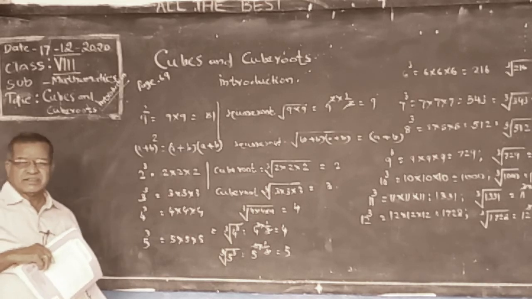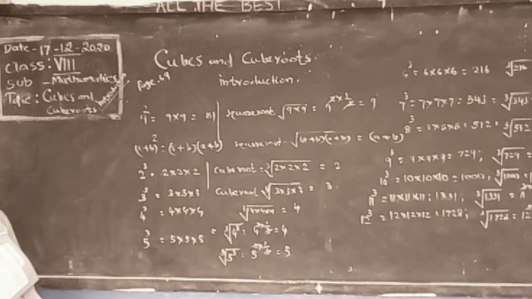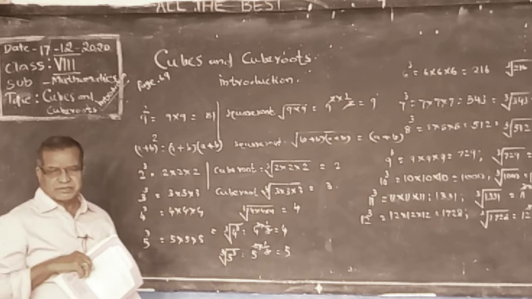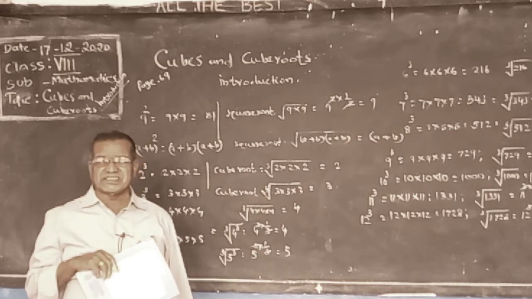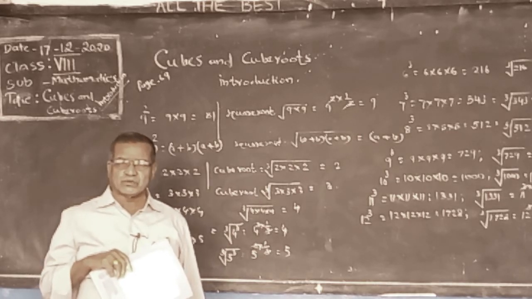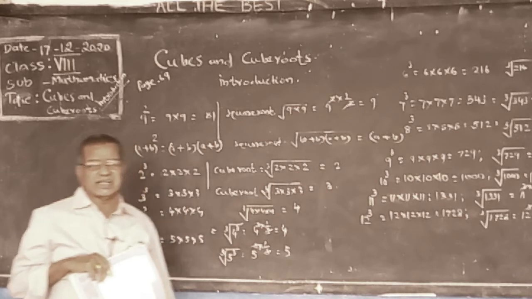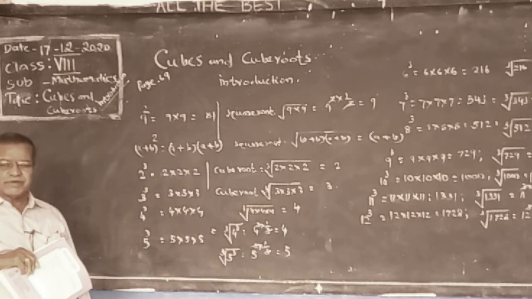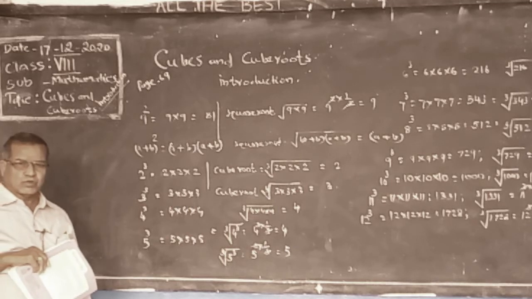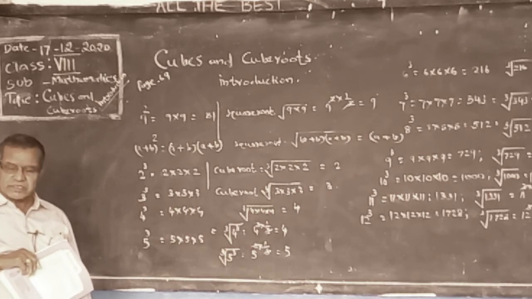When a person asks you what is 12 squared? 144. What is 12 cube? 1728. The cube of an even number is an even number. The cube of an odd number is odd.